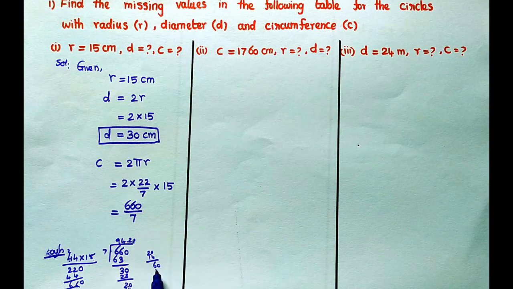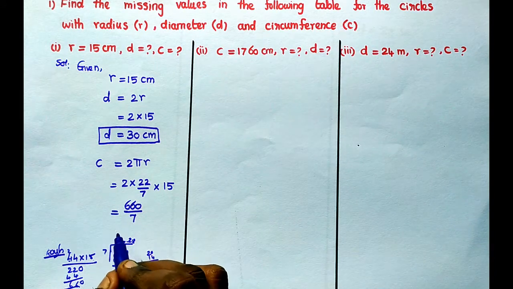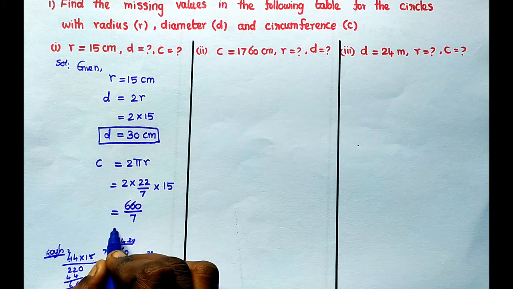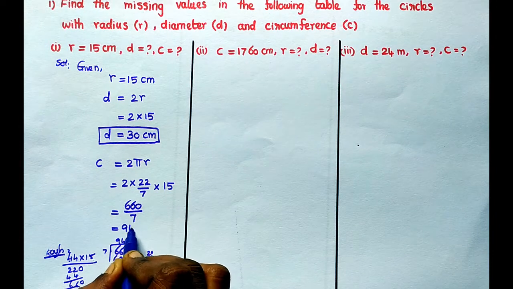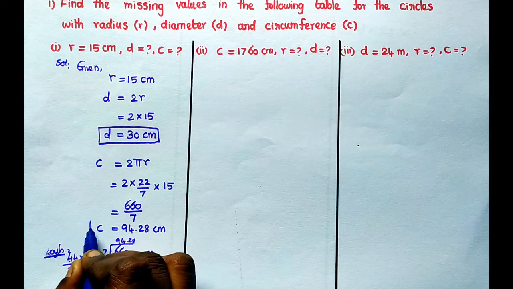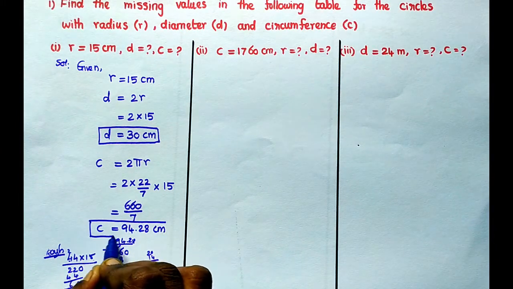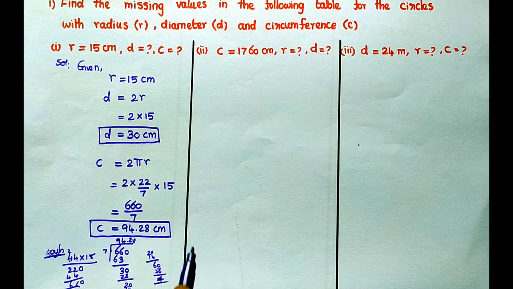So 8 times 56. After the decimal point, 2 digits are enough. So what's the answer? 94.28 centimeter. That is the D value. Sorry, C value, circumference.